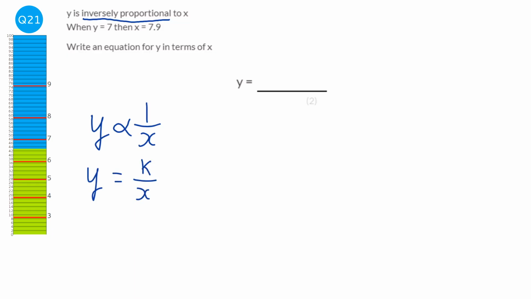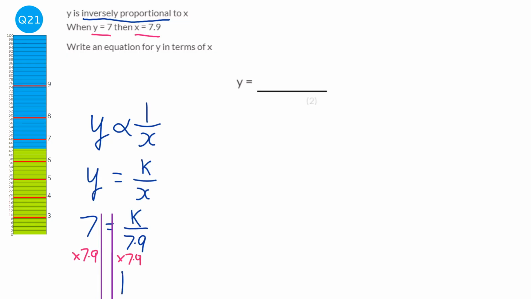So what we need to do is find out what a value of y and a value of x are somewhere on the graph that would be formed from this, and we've got that in this question. So we know that when y is 7, then x is going to be 7.9. And what I need to do now is just draw my lines down. And what I'm going to do is I'm going to just times both sides by 7.9.